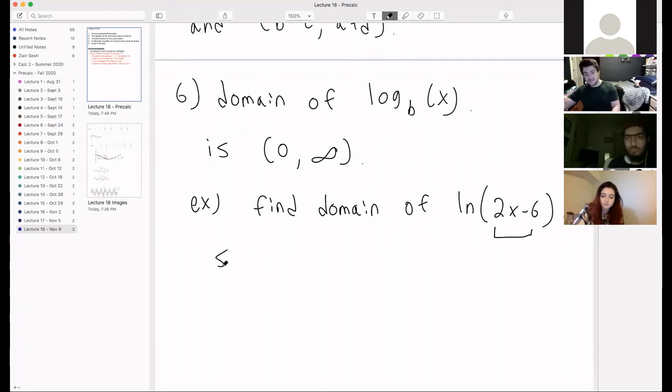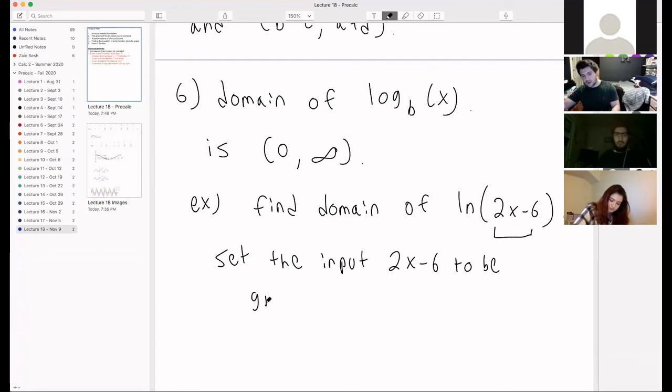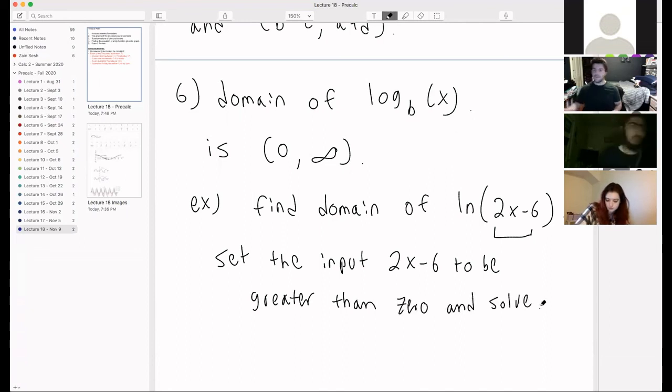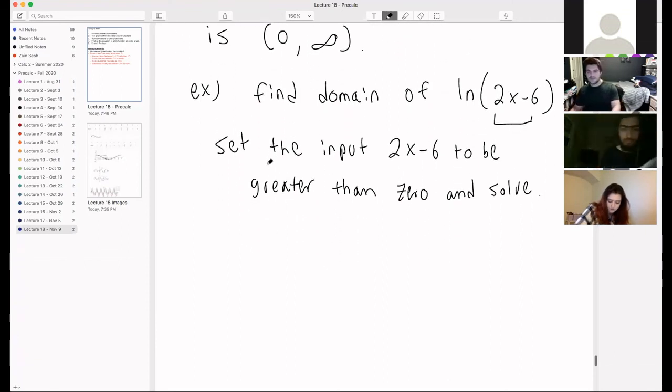You just set the input 2x minus 6 to be greater than 0 and solve.